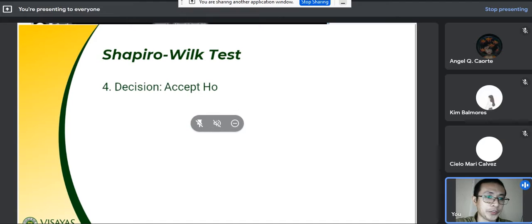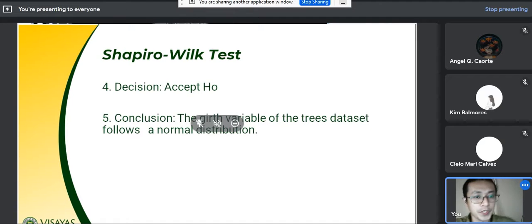Well, anyway, since our decision is to accept the null hypothesis, therefore we will conclude that there is sufficient evidence to conclude that the girth variable of the trees dataset follows a normal distribution. So we are going to add the phrase, there is enough evidence to conclude that the girth variable of the trees dataset follows a normal distribution.